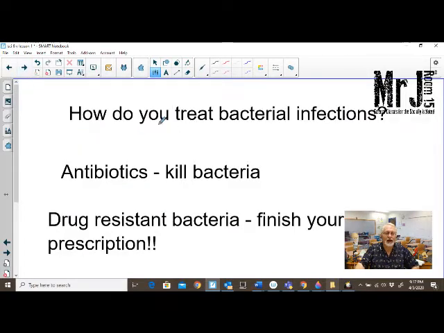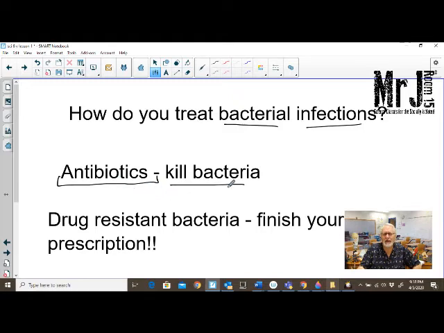So, how do you treat bacterial infections? If you've had a bacterial infection, you went and saw a doctor, and most likely the doctor said, we're going to have to prescribe you an antibiotic, an anti-life thing. So antibiotics kill bacteria. Now, it's really neat because they selectively kill bacteria and they don't harm your other cells. It would be no good to kill bacteria if we killed you off as well.